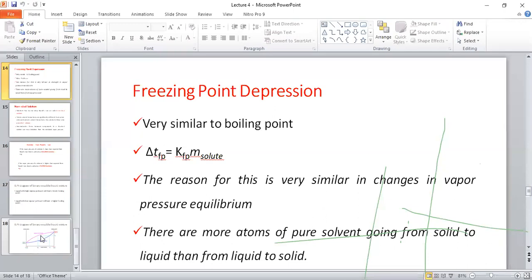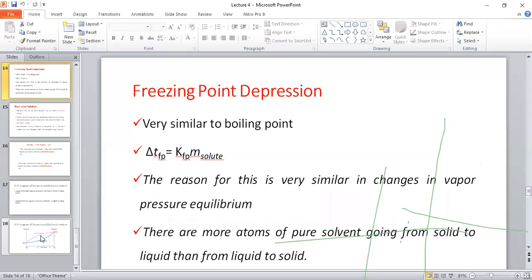The reason for this is very similar to changes in vapor pressure equilibrium. There are more atoms of pure solvent going from solid to liquid than from liquid to solid.